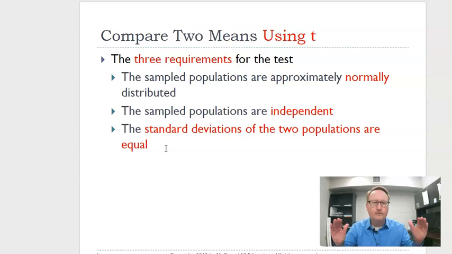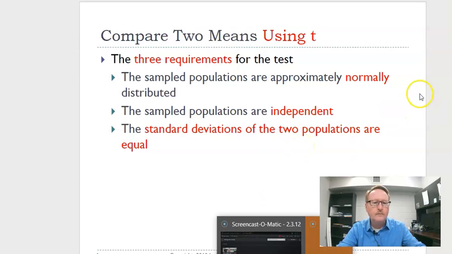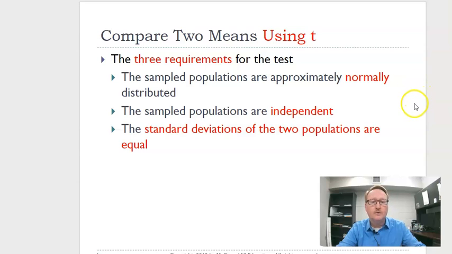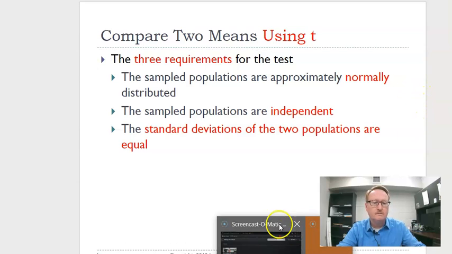You're assuming that the variances in your population or your samples are relatively equal. Okay, and again, I don't need to get into all of that here because I'm trying to just use the time to focus on what it is that you need to know for this project.